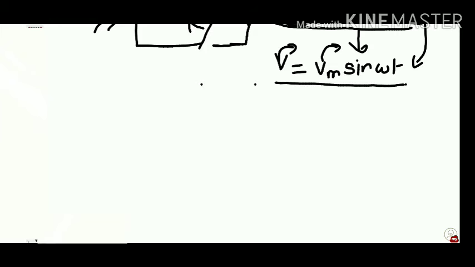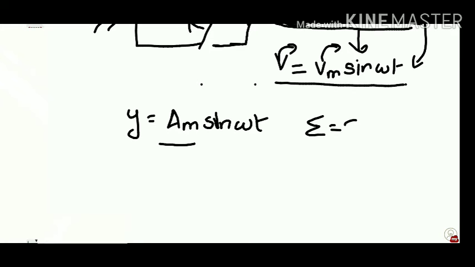Now we have learned in the chapter Waves that we have the representation of a wave, y, the displacement in the y direction, is equal to Am sine omega t. Let's compare this equation and the equation we just wrote, epsilon is equal to epsilon naught sine omega t.